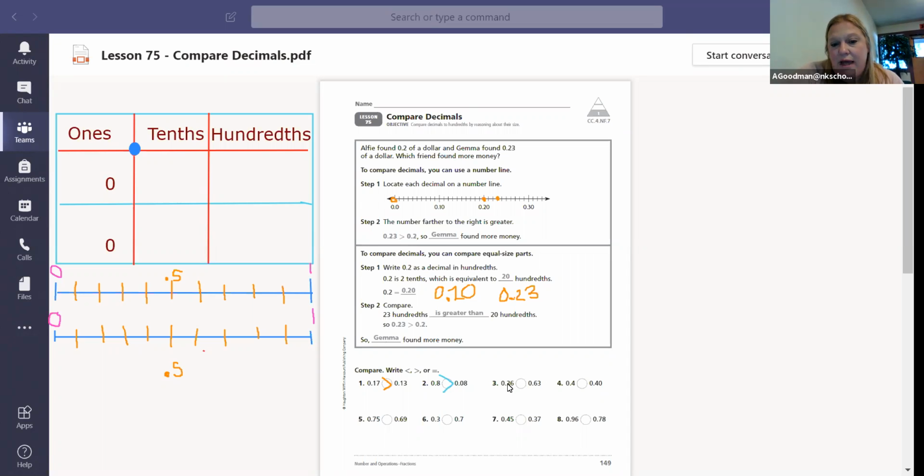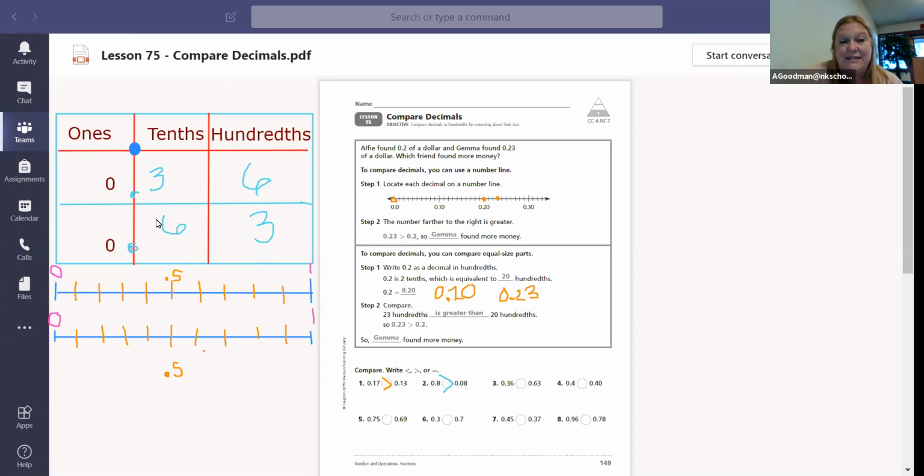So 0.36, 3 tenths and 6 hundredths, and 0.63. They both have 0 ones. Okay, same so far. Then we go to the tenths place. This one has 3 tenths and this one has 6 tenths. So already this one's bigger. Doesn't matter what's in their hundredths place.